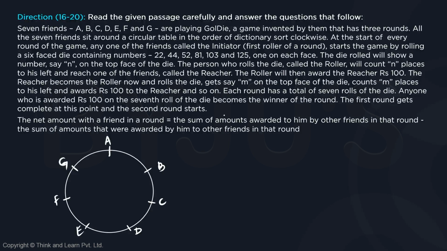Now, if somebody gets 22, suppose A starts the game, and if A gets 22, he is going to count 22 places towards his left. So 1, 2, 3, ... 20, 21, 22. So 22 would mean the guy who is immediate left to him.